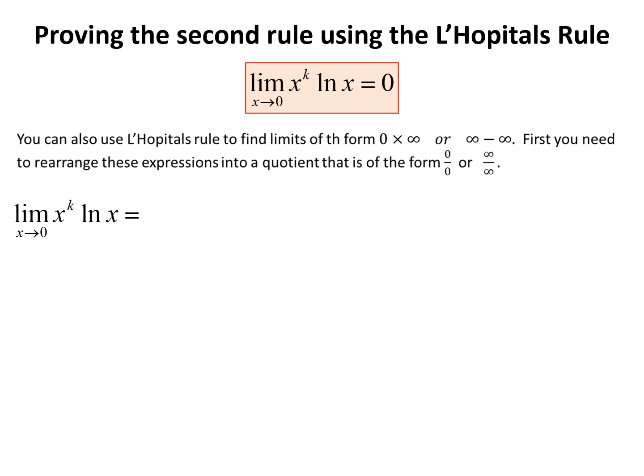We need to write it as a quotient first before we can try and look at L'Hopital. So we can write that as ln x over x to the negative k. Now to check that both will go to either infinity or 0.